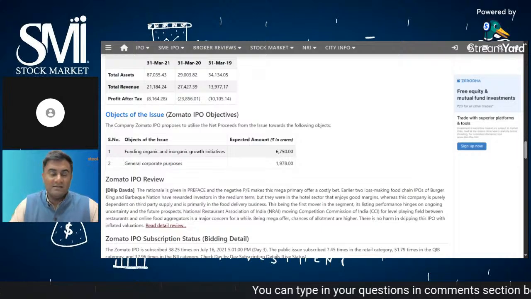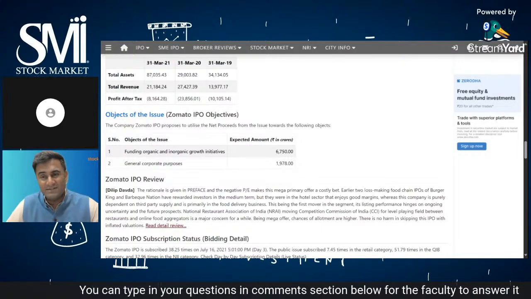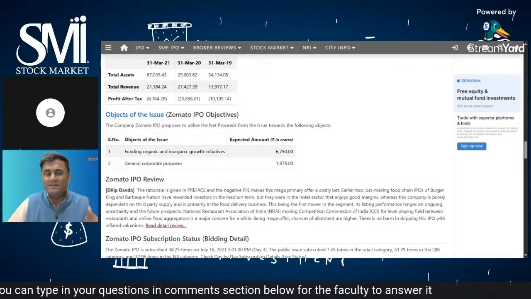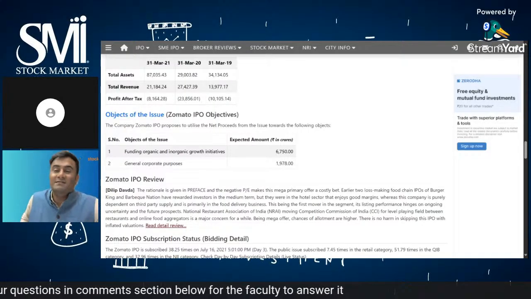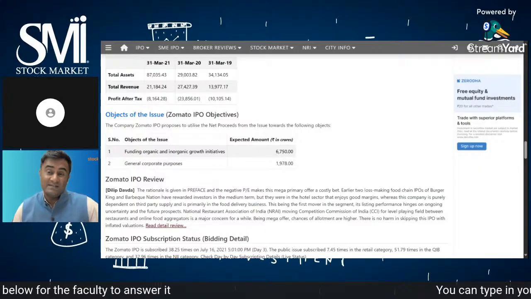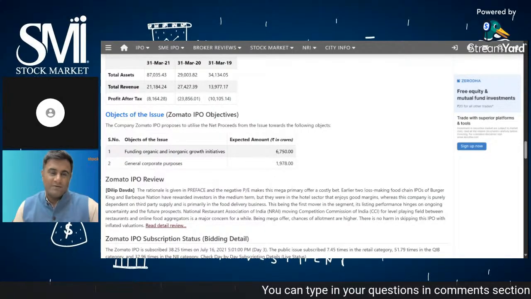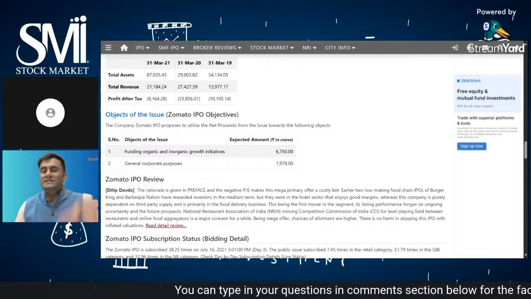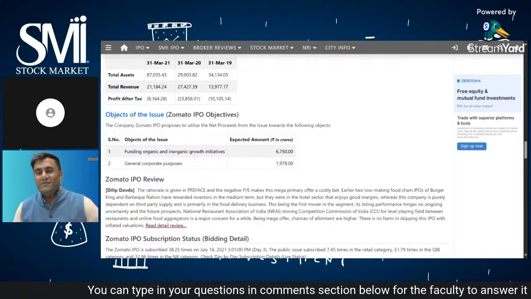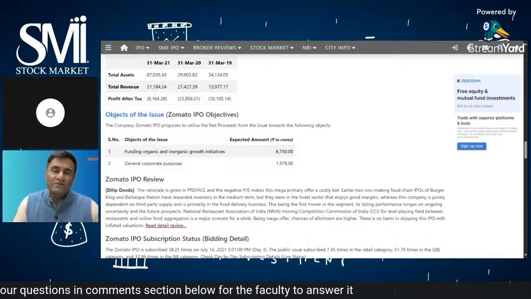Are they really going to use that money to pay salary to the staff members? What does general corporate purpose actually mean? Is it to meet day-to-day expenses? And these are not good signs. Based on this data which was available with us in 2021, we had decided that this is an IPO we should be skipping.